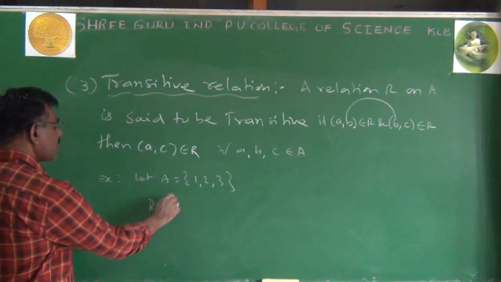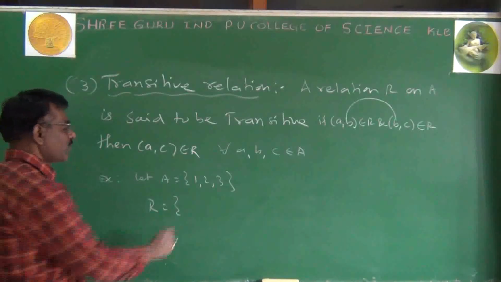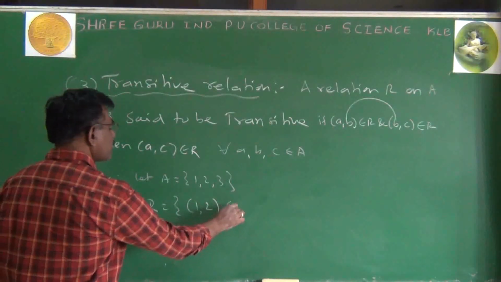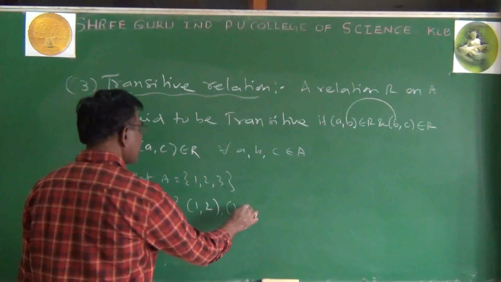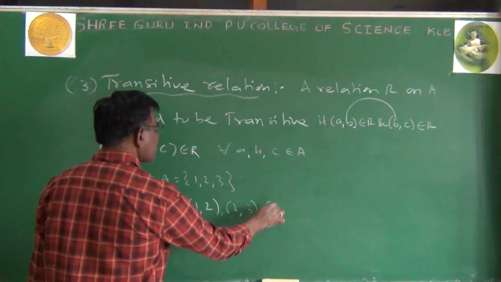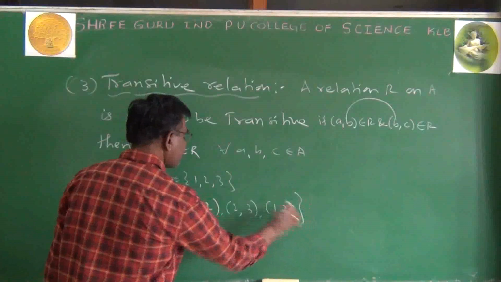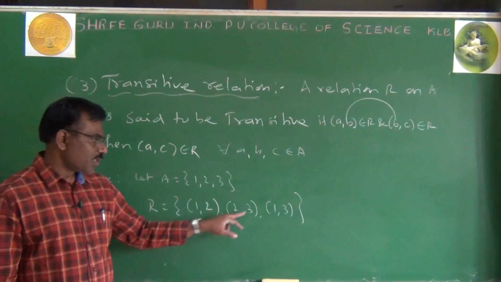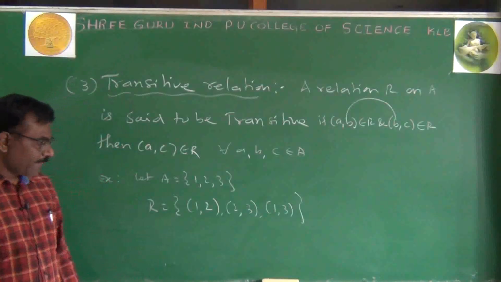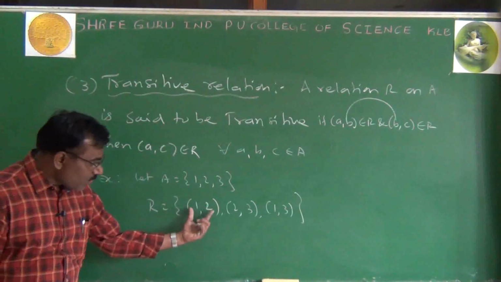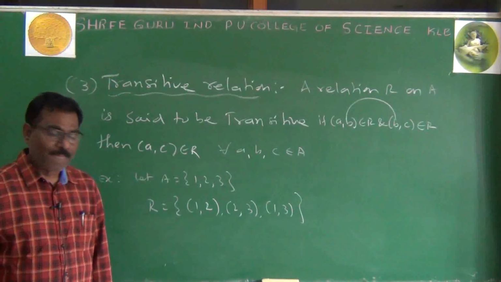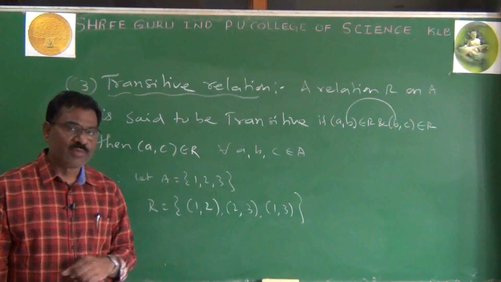The transitive relation: 1 comma 2, 2 comma 3. So 1 comma 3. So I am taking 1 comma 2, 2 comma 3, it is 1 comma 3. Okay. This is one possibility.